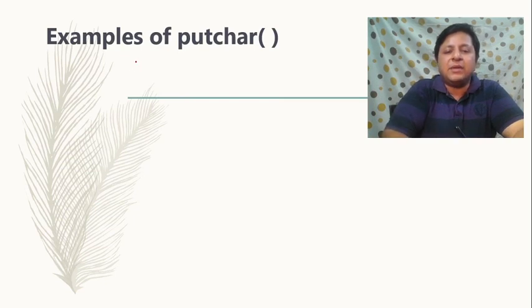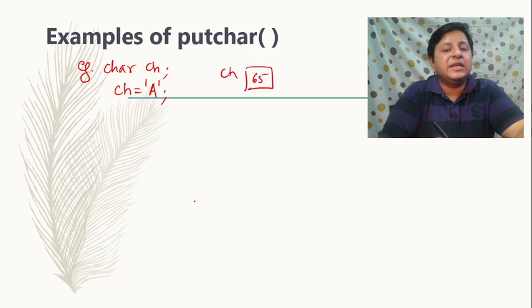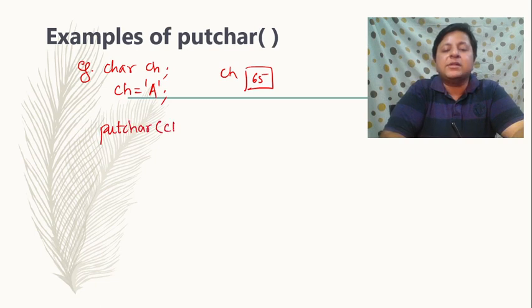Let's look at some examples of putChar. Let us take the same example, suppose char ch, and instead of reading, suppose I have assigned it single quotes A, that is 65, stored within the variable ch. That can also be done using getChar, as we have already seen. Now when I say putChar, it will be putChar in brackets ch.